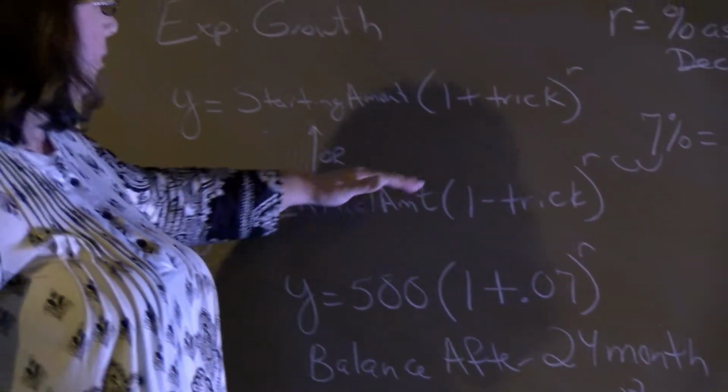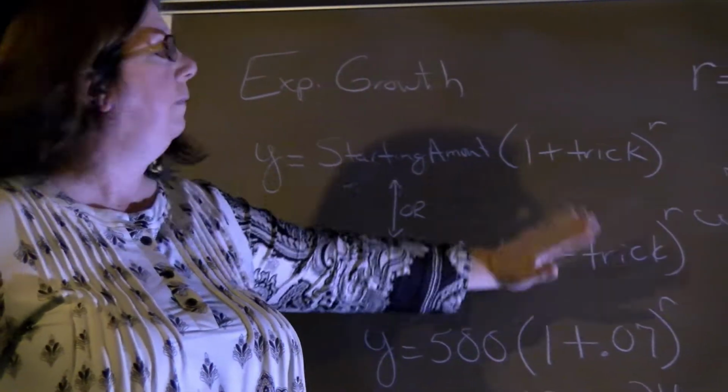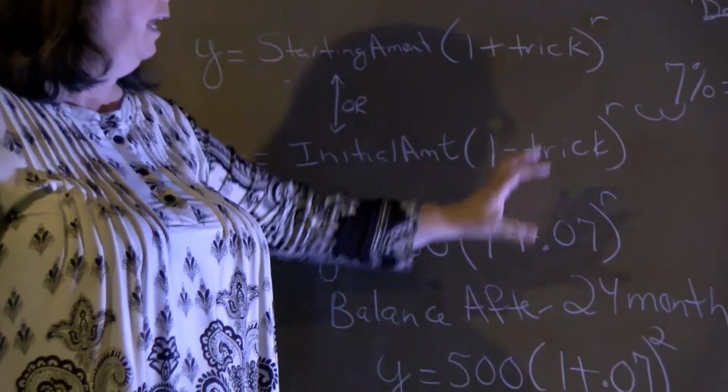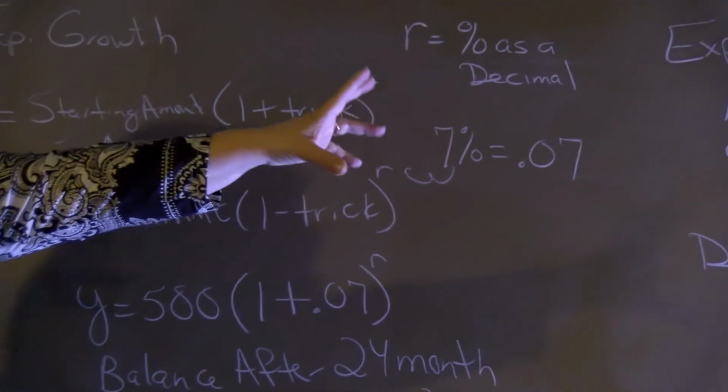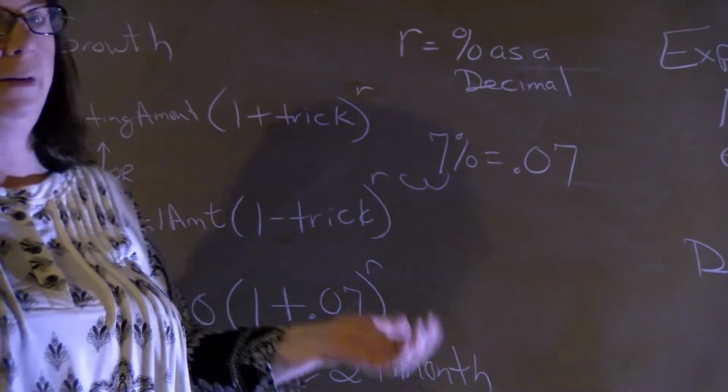So you do want to make sure if it's an increase, you use this one. If it's a decrease, you use this one. Exponential grows by a percent, and the other one grows by the same amount every time.